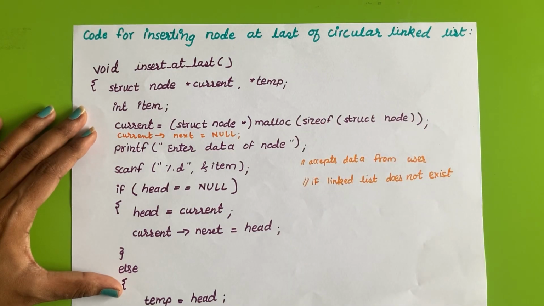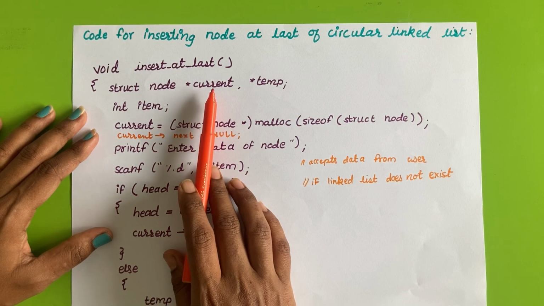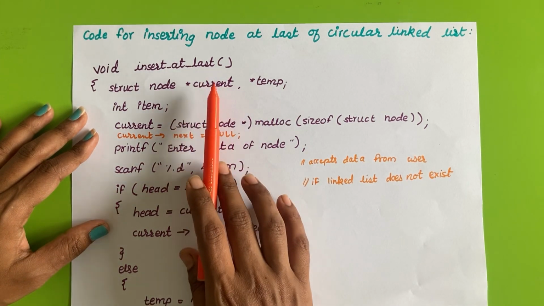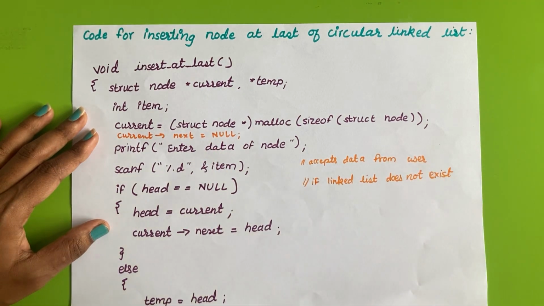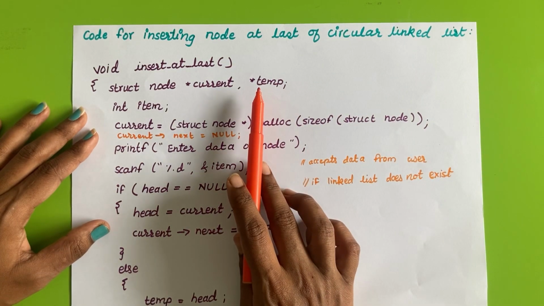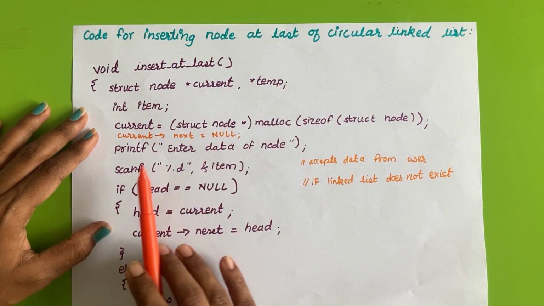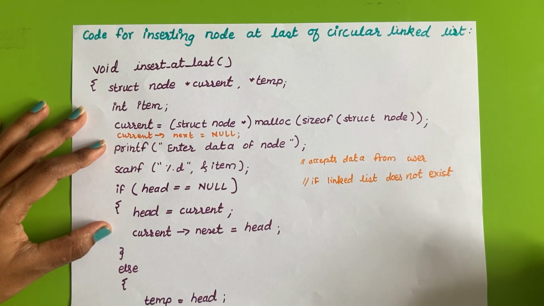So here I have taken two pointers, one is current pointer and another is temporary pointer. This current pointer is used to create a single node that we are going to insert at the last of the circular linked list, and we have taken one extra pointer, that is temporary pointer, to traverse the linked list from first node to last node whenever we have need of it.